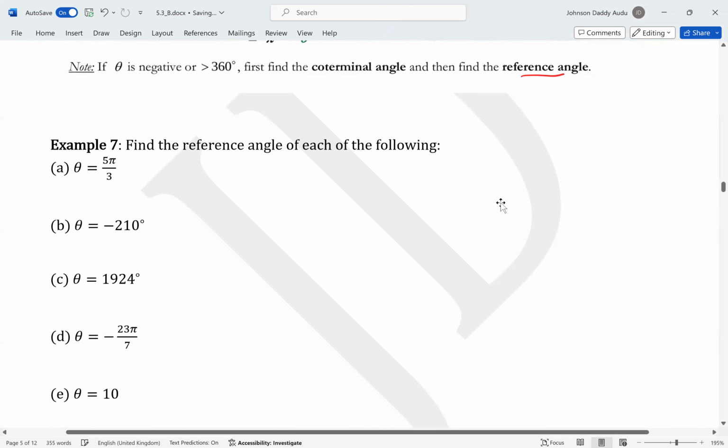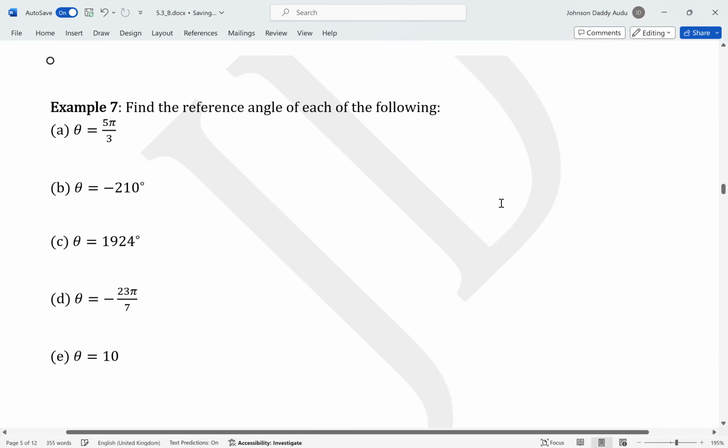All right, so let's answer a few questions. For example, now theta is 5 pi over 3. You just need to know which quadrant it belongs to.